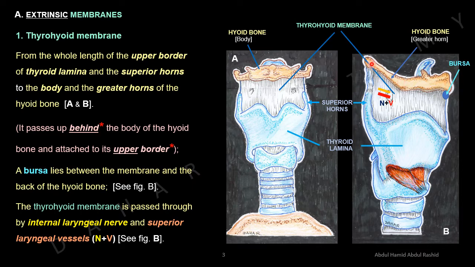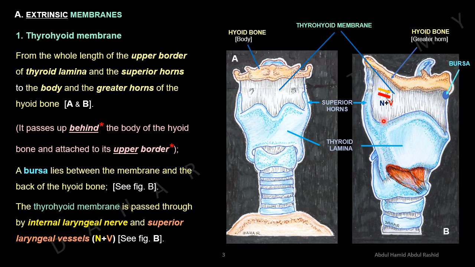Let's see the first membrane, which is the thyroid membrane, between the thyroid cartilage and the hyoid bone. The thyroid membrane arises from the whole length of the superior border of the thyroid cartilage and also from the superior horns of the thyroid cartilage.